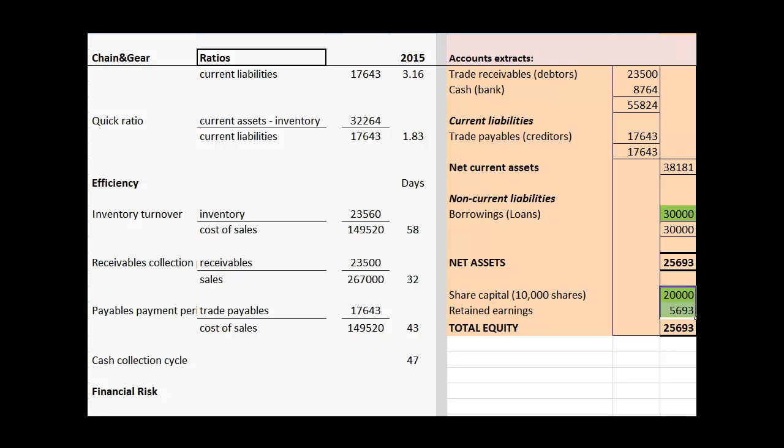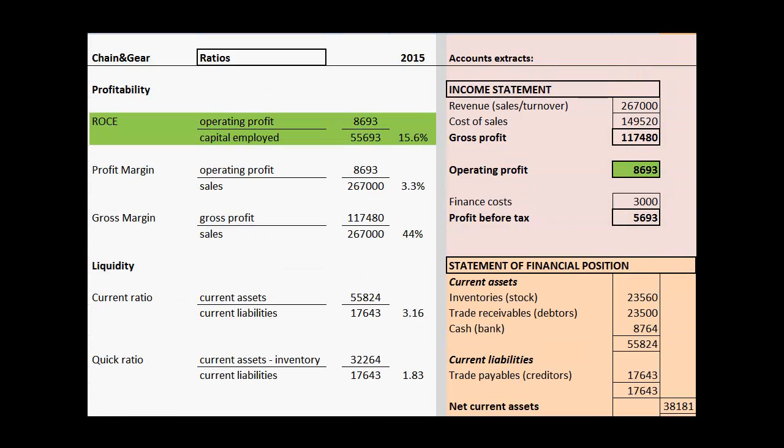So we have 30,000 borrowings and 25,693 of equity, gives us our figure of 55,693 for capital employed. When we multiply the result of this by 100, we get 15.6%. And this will effectively measure how well the business is using the net assets to generate profit.